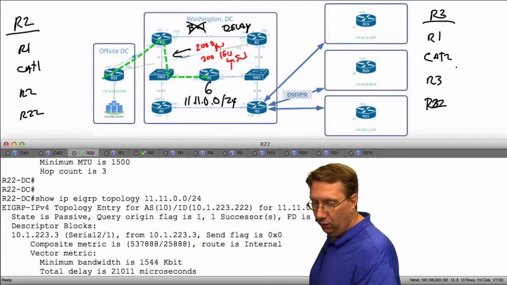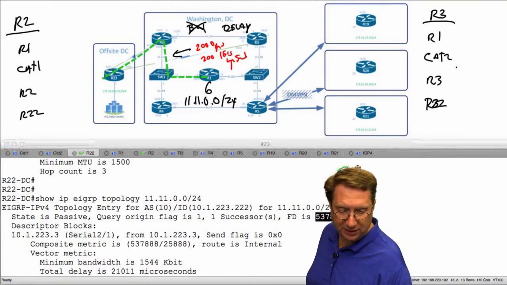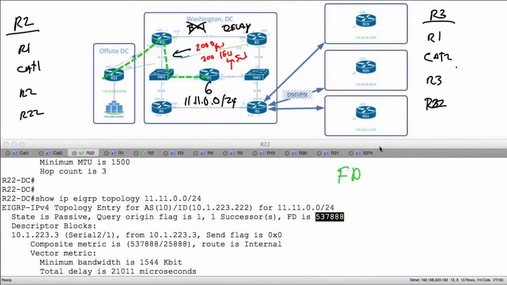Now in this scenario, I'll go ahead and take myself out of the equation here, my feasible distance equals 537,888. And that's going to be learned through serial 2/1. Notice that's it right here.